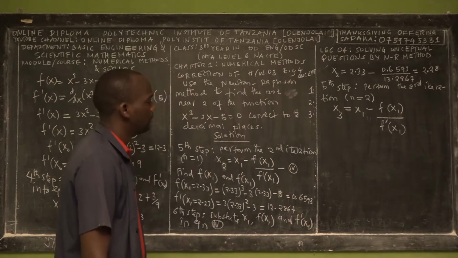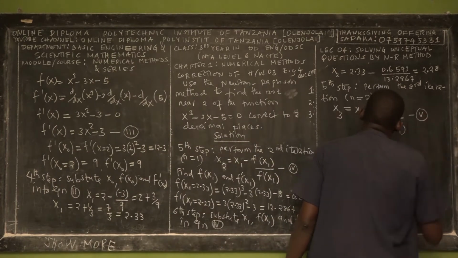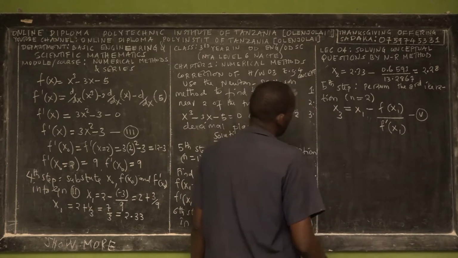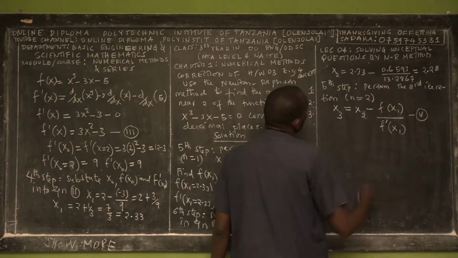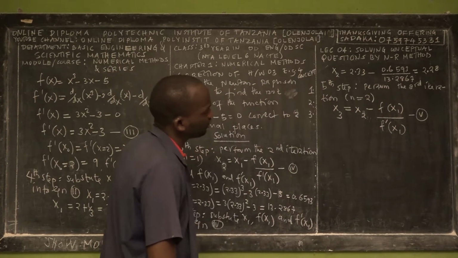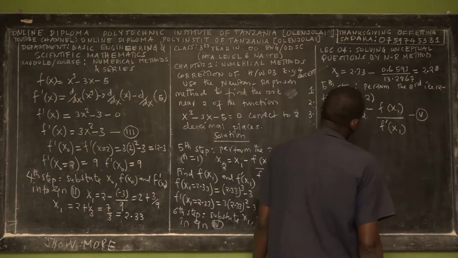So that's the formula. This will make equation 5. On the right hand side, this is x2. So the output of the second iteration will be the input of the third iteration. We find that x2 is 2.28.